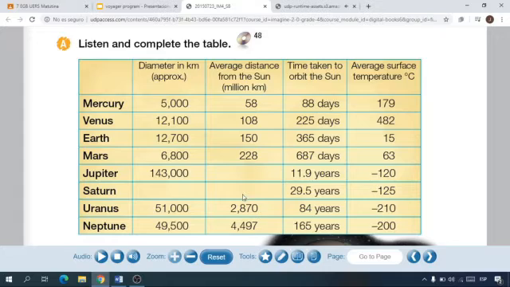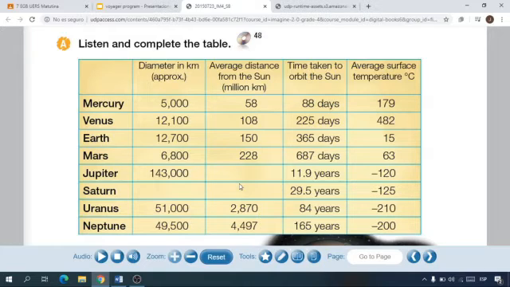Saturn is farther away, 1,427 million kilometers. A year is even longer on Saturn, 29.5 Earth years. Very interesting, Dr. Wells. Now, what other information did the Voyagers collect while they were in orbit?